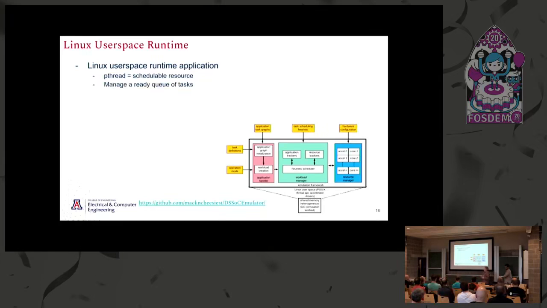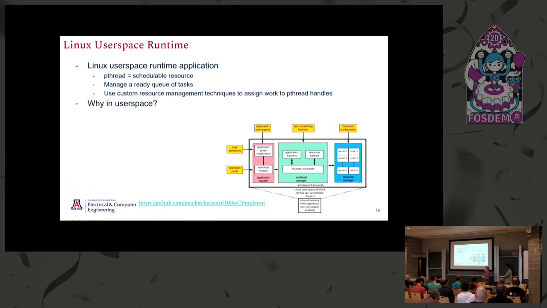We manage a ready queue of tasks, so you inject some applications, and then because of the graph structure, you can tell all the dependencies. And then we are able to implement custom resource management techniques that involve different heterogeneous scheduling heuristics that wouldn't be present in just a standard Linux-based kernel scheduler.